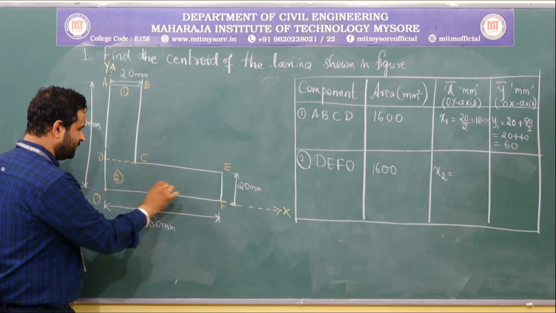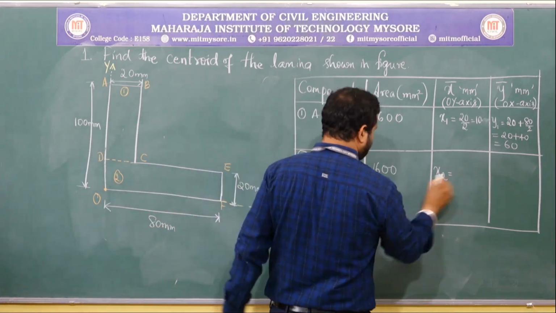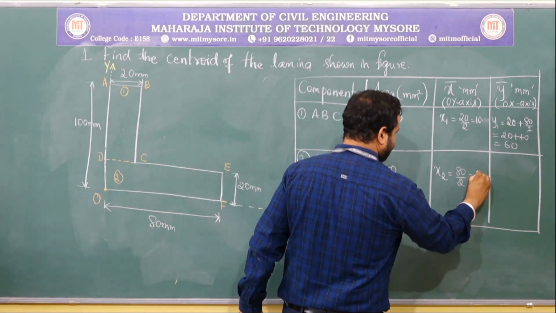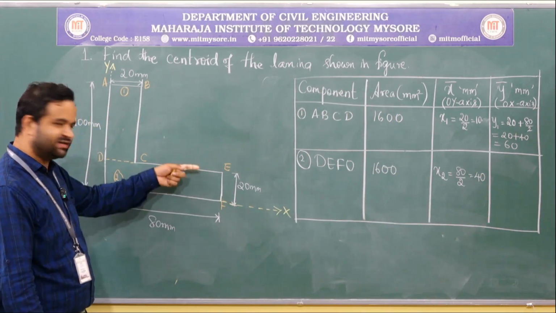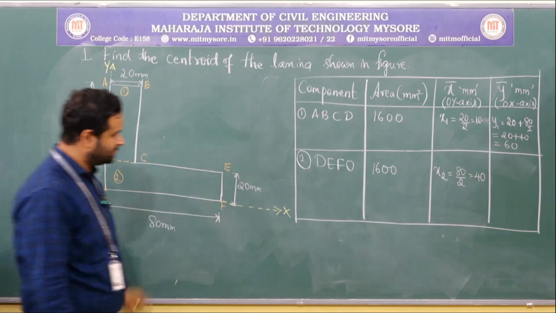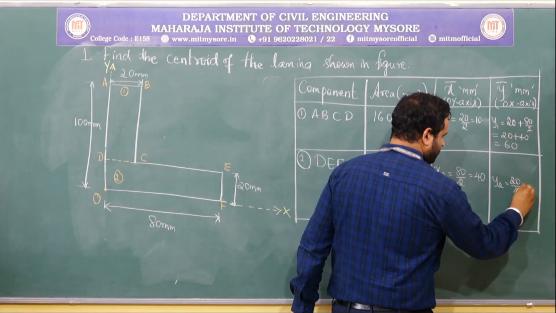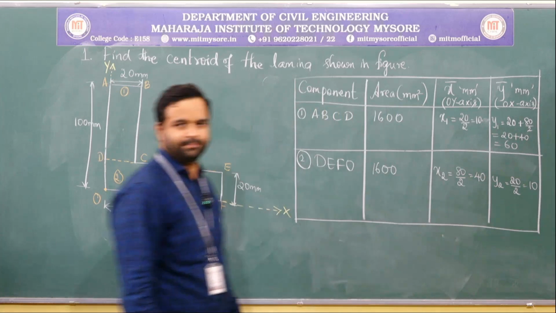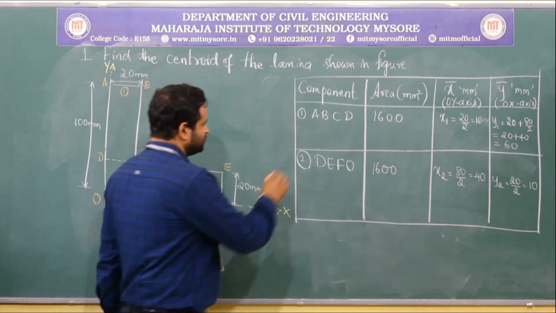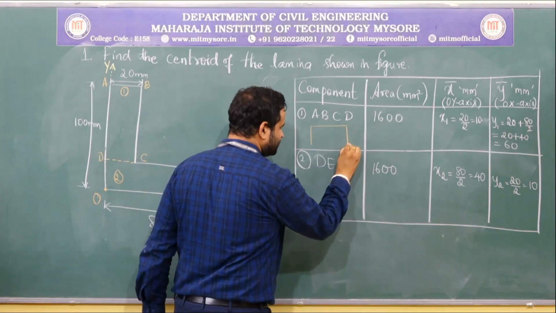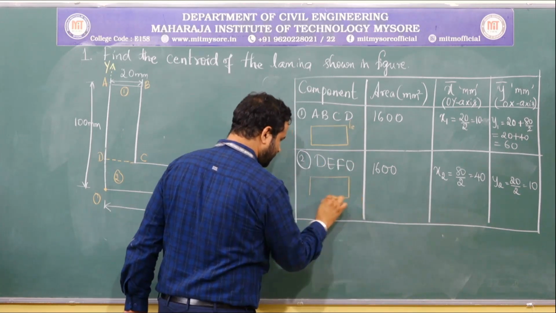So therefore this will be the centroidal value x2, that is 80/2, 40 mm, and y2 with respect to OX axis exactly at center. So this will be y2, 20/2, which is 10 mm. For your convenience, you can also draw the shape if you want. This is a rectangle, again this is a rectangle.